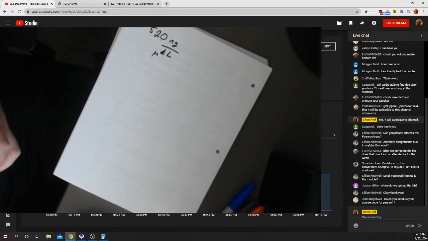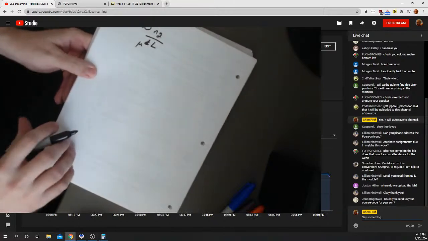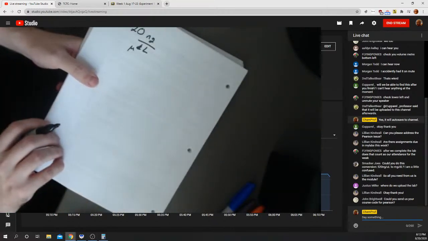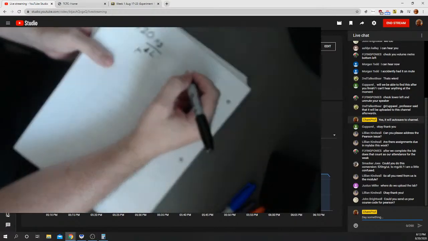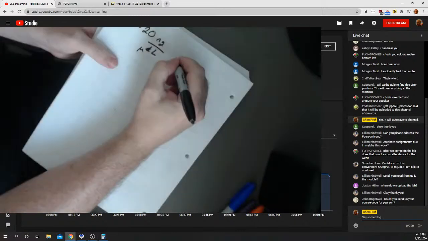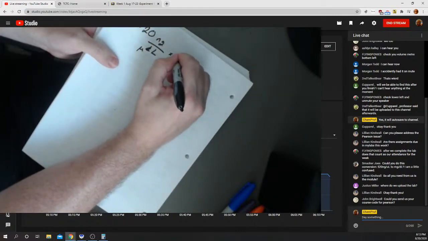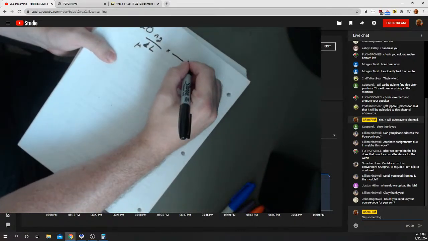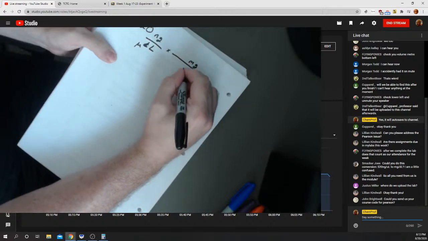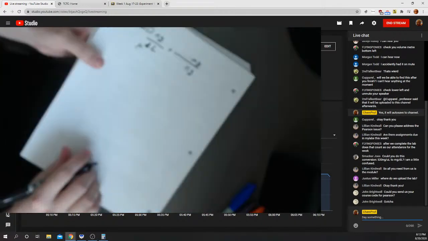The link from Blackboard should be enough. So that's one of the tech issues. All right, nanograms per microliter to milligrams per deciliter. So you're doing two separate conversions there. You need to convert from nanograms to milligrams, so you have milligrams on top, nanograms on the bottom.